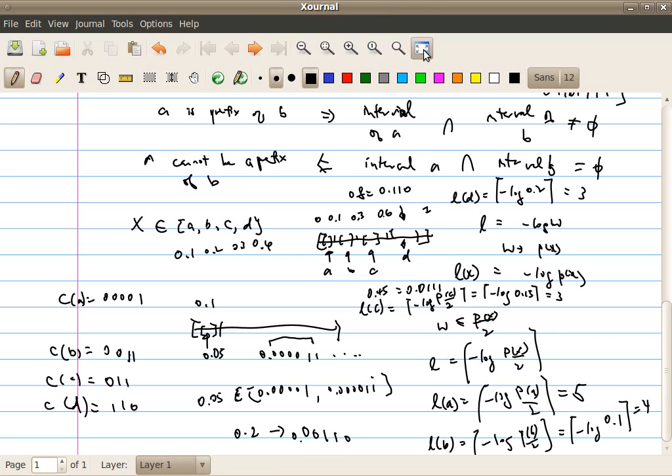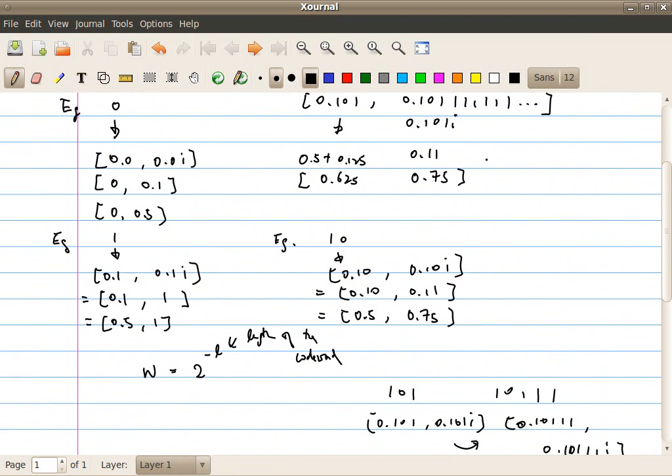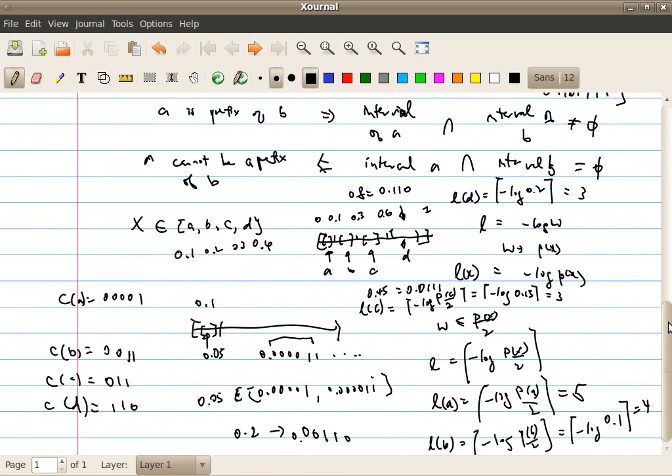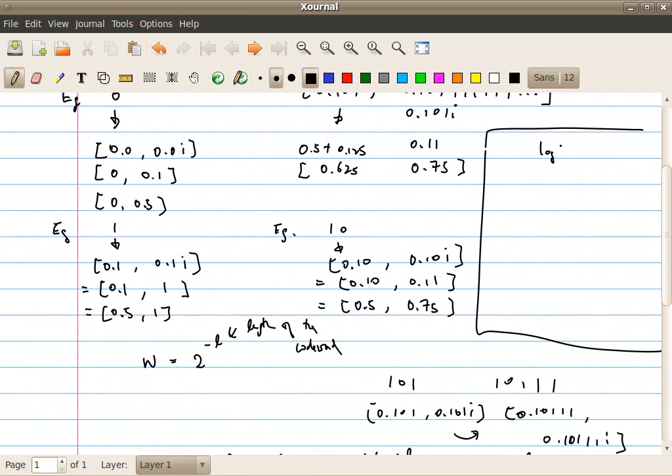We can see that for each of the codewords, the length is given by minus log Px over 2.